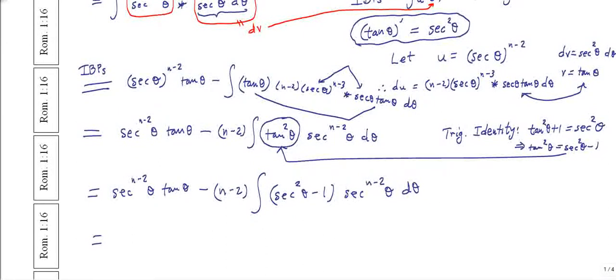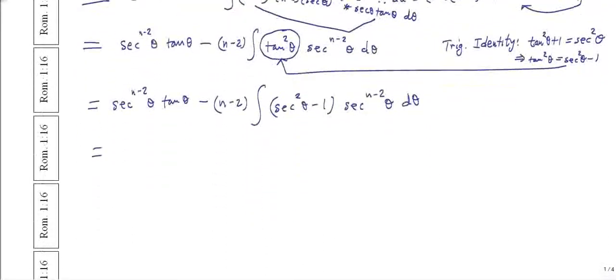We'll distribute this, so I get secant to the n minus 2 theta times tangent of theta minus the quantity n minus 2 times the integral of secant squared times secant to the n minus 2 power theta.